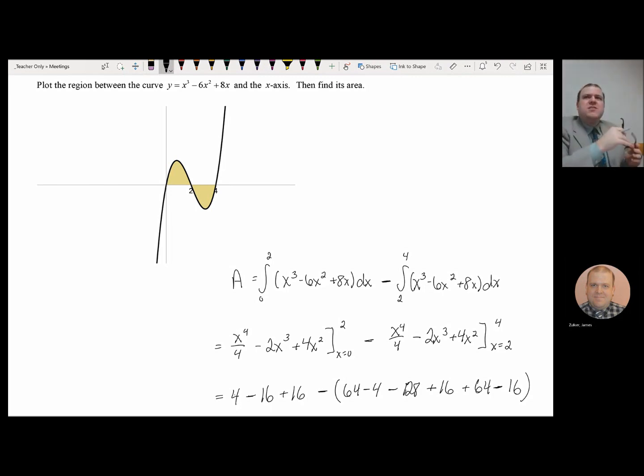In order to be symmetric about the y-axis, it has to be an even function. To be symmetric about the origin, it has to be an odd function. This one's neither even nor odd, so it doesn't have either of those symmetries.